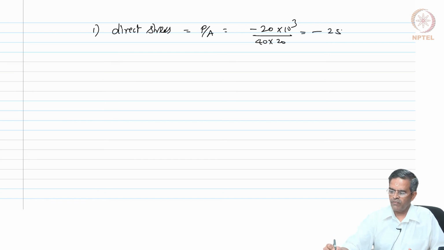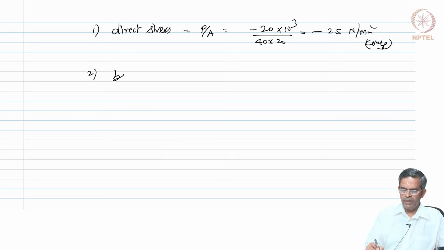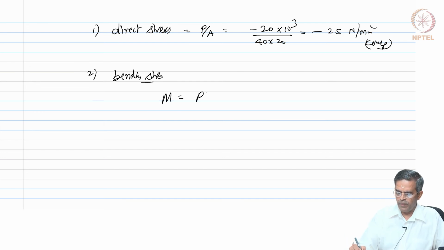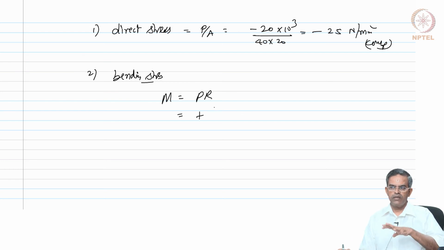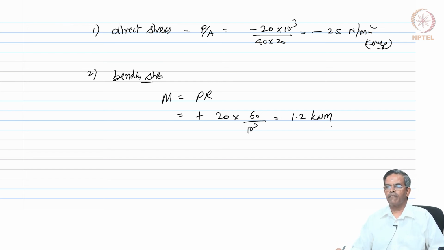So, minus 25 Newton per mm square, we say negative stands for compression. So, we can find the bending stress. Now, M will be actually P into R, which will be plus because it is tending to close the curvature. So, 20 into 60 by 10 power 3, which is 1.2 kilonewton meter.